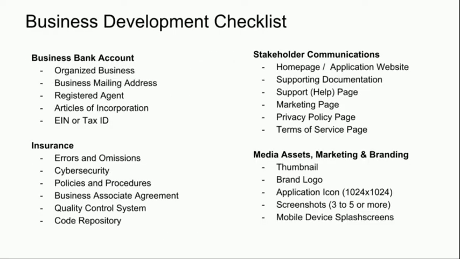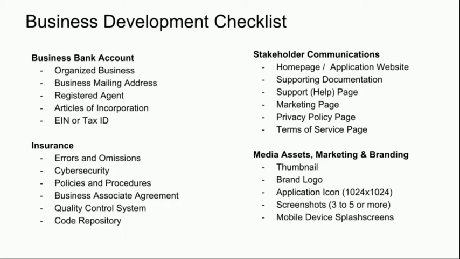So putting all of these things together, across the spectrum, your general business development checklist for bringing an app to market through either Google, Epic, or Allscripts: what we're seeing is you need a business bank account at one level, which is going to require organizing your business, mailing address, registered agent, articles of incorporation, EIN, tax ID.